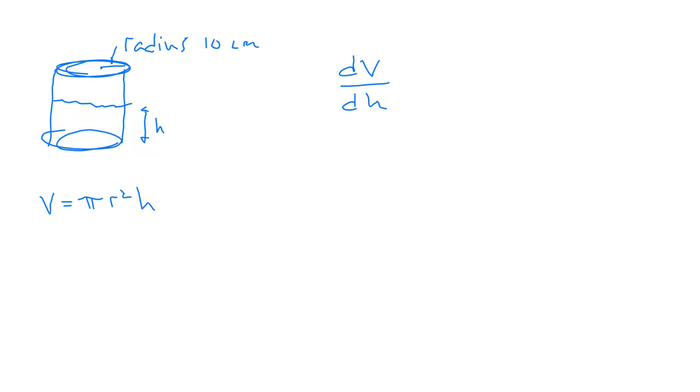But if I'm going to calculate this derivative or any other derivative, I need that variable on top, which is V, volume, to be a function of that variable on the bottom, which is H, or what I'm calling the depth in this case.